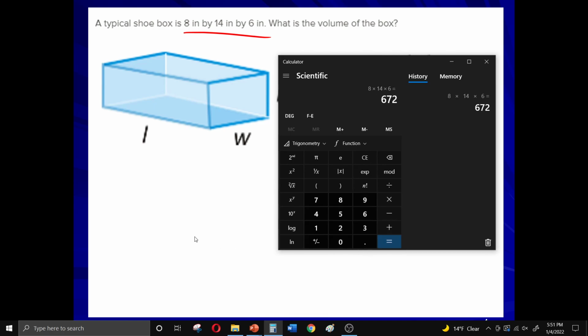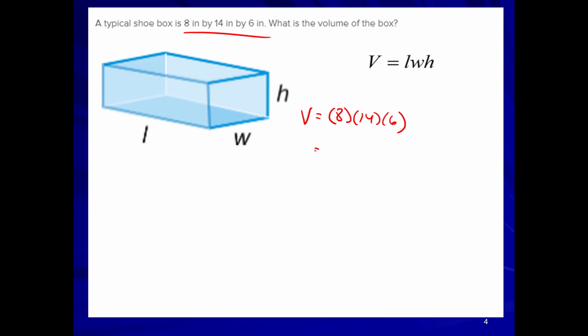And you would multiply that out and get 672. Okay, the unit, if this is in inches, volume is always in inches cubed. So we use cubic units because, again, you think of breaking this into a bunch of tiny little 1 by 1 inch cubes, and you're asking how many could you fit in this box. So we could fit 672 of those little cubes.